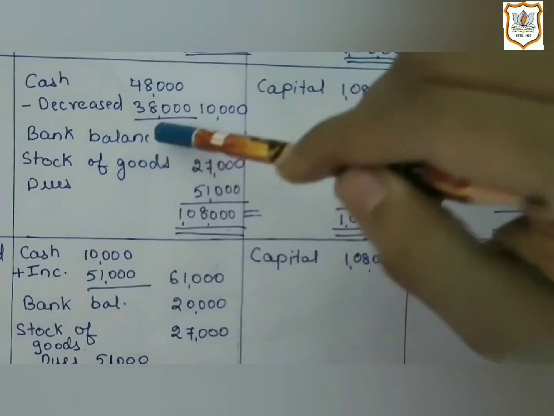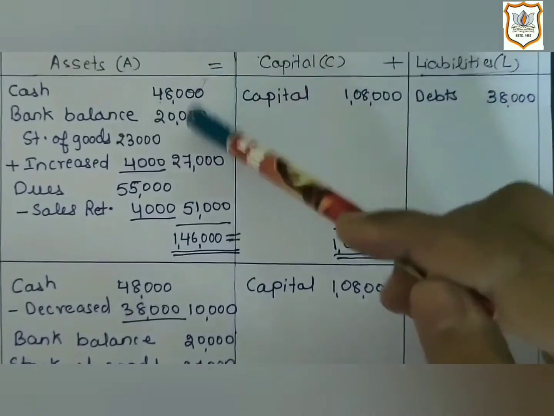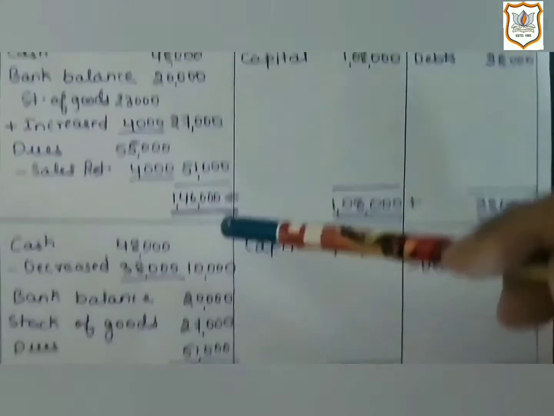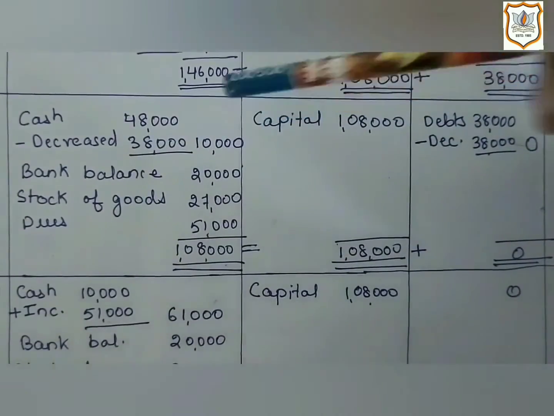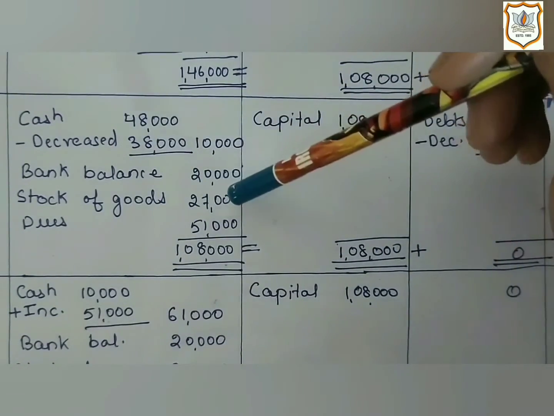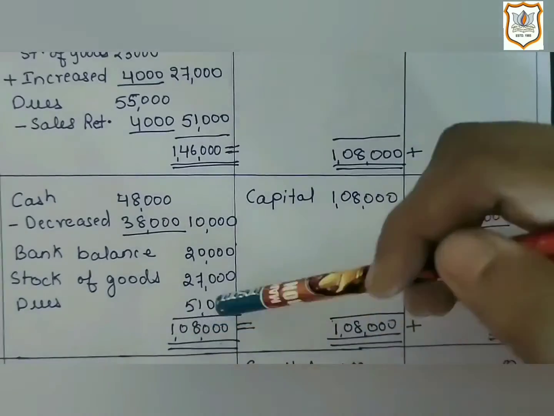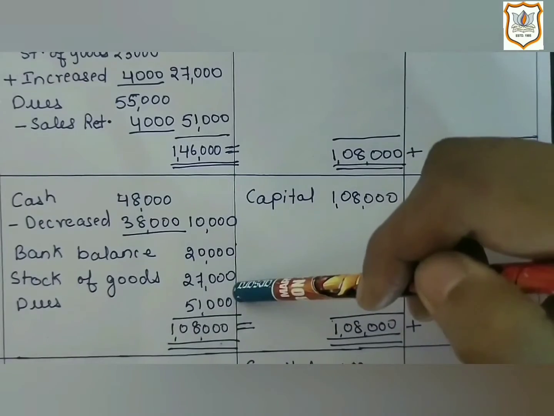Bank balance will remain the same as 20,000 as it was in previous column. There is no change in bank balance. Then stock of goods will also remain the same as 27,000 and we have dues of rupees 51,000.